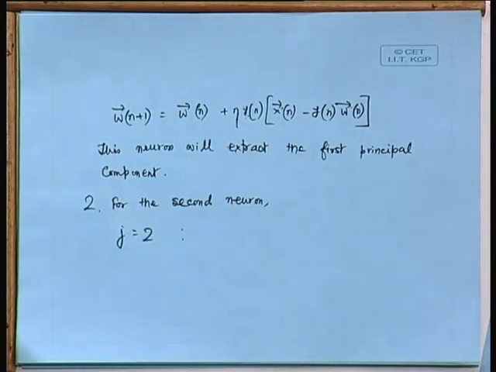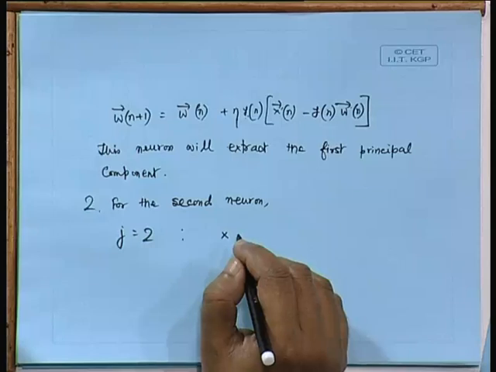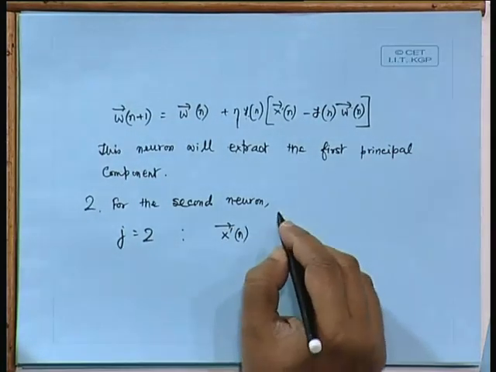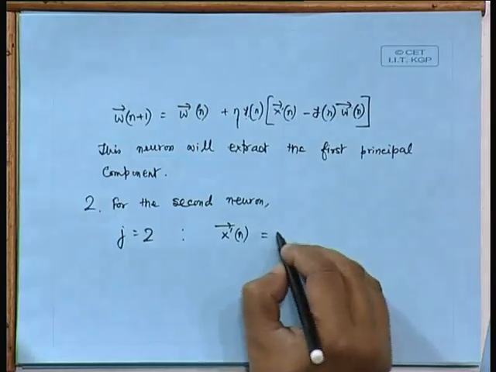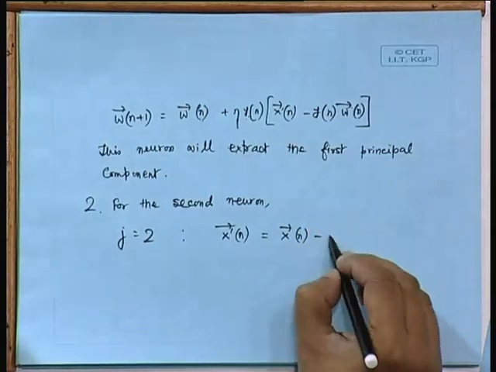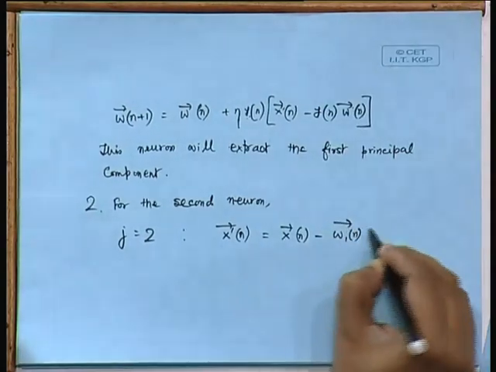And if we take j is equal to 2, then x prime n for the second neuron will be equal to x of n, and from there we have to subtract w1n y1n.